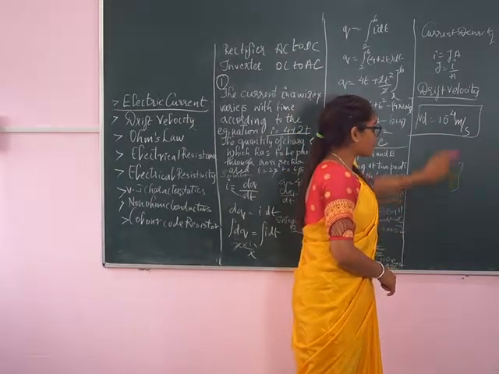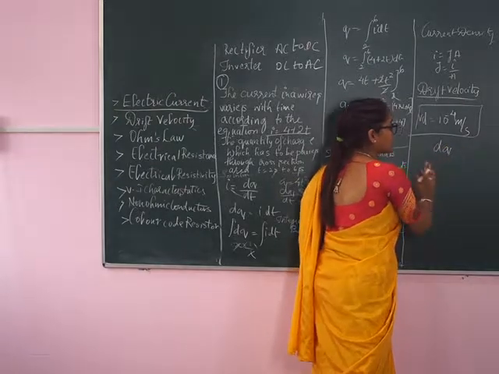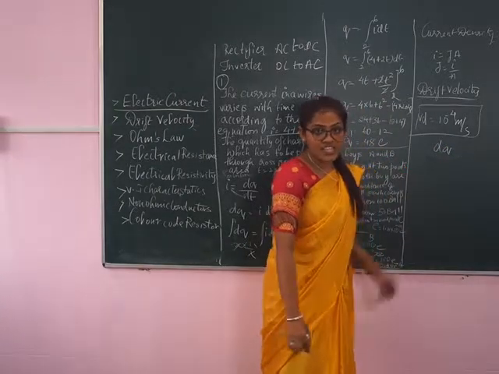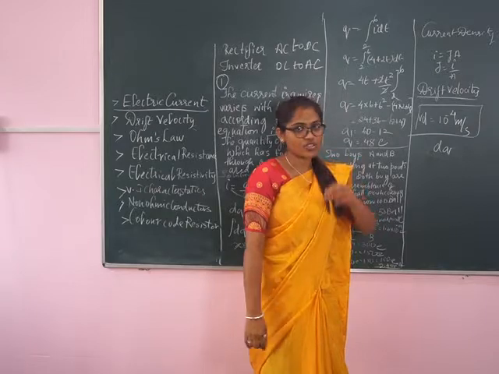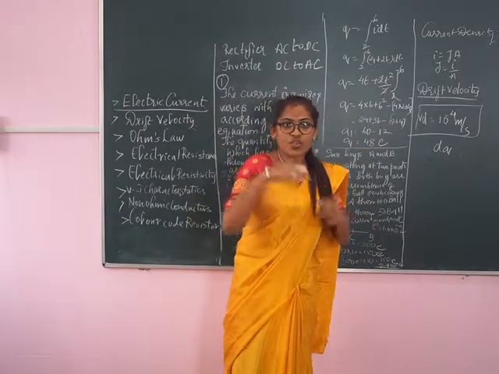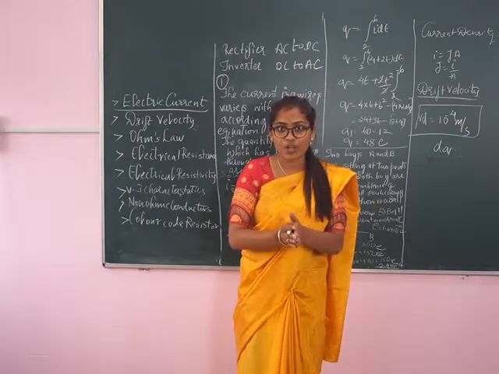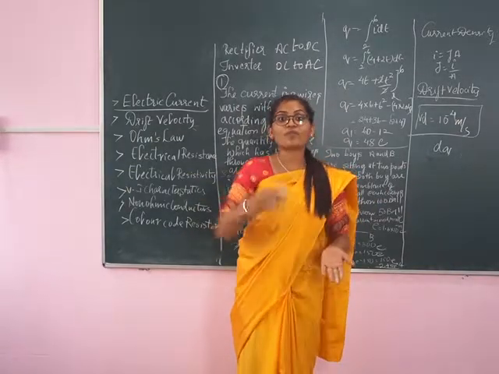Now we will consider dq, a small charge. In the overall conductor, we are considering a few charges. If I consider a classroom, the first thing is the number of students.